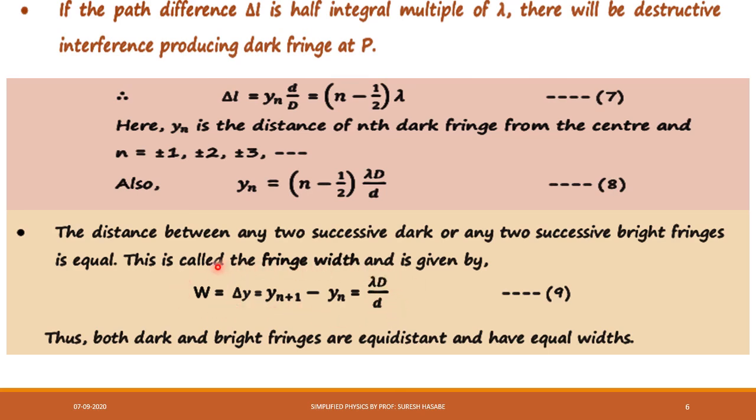Here the directly simplified equation is given: W, that is the bandwidth or fringe width, is equal to delta Y, that is Yn plus 1 minus Yn, which is equal to lambda capital D upon small d. This is the formula for bandwidth, and it is equal for dark as well as bright bands. Thus both dark and bright fringes are equidistant and have equal width, that you have to remember there.